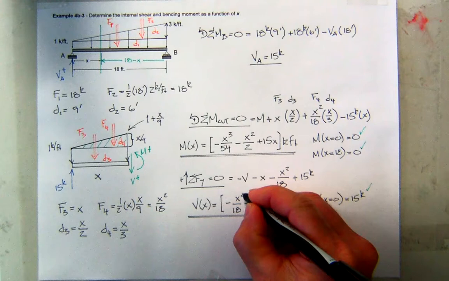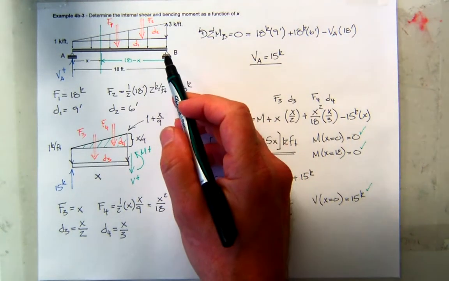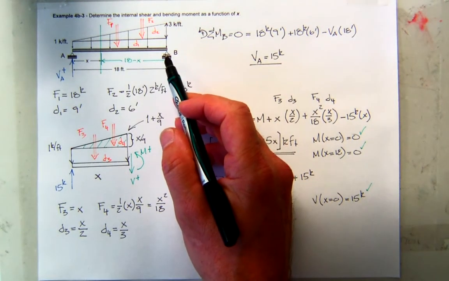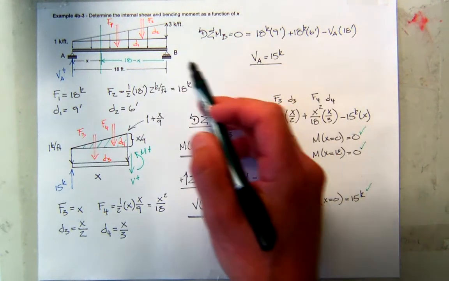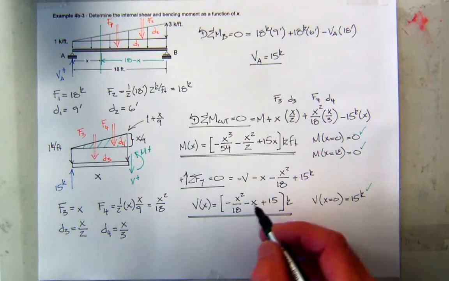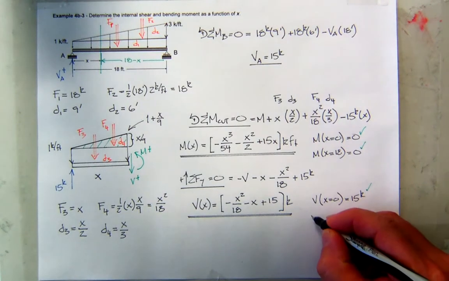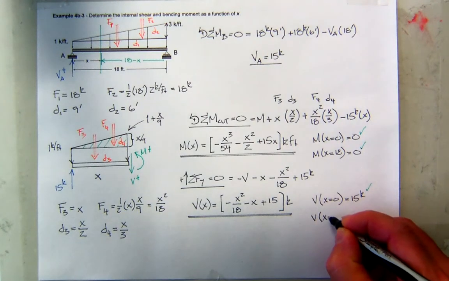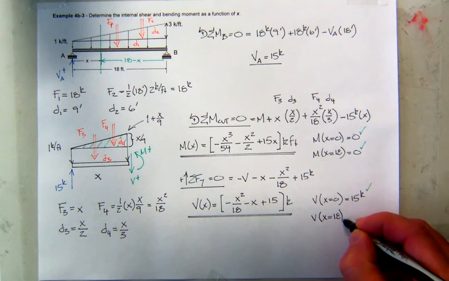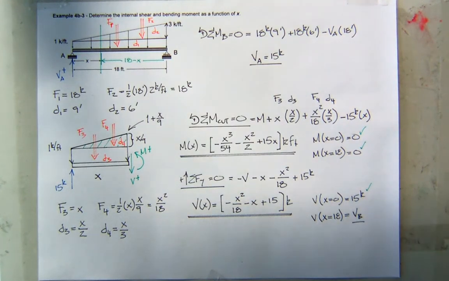Now we do know the shear at B, we just didn't solve for it. I could have summed forces in the y direction here and found the shear at B, and if I plug in x equal 18, that would be the shear at B. I didn't do that, but if you had time, you could check it. So I'm just going to write the shear at 18 would be whatever we computed the shear at B. We just don't know what that is, but you could do that.